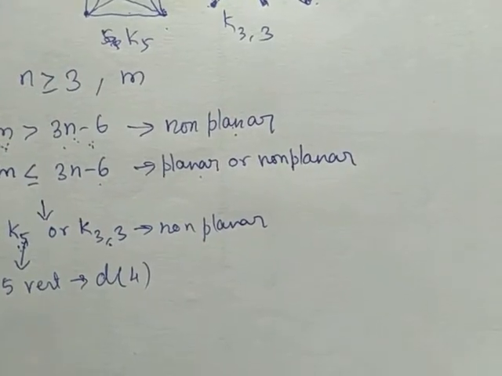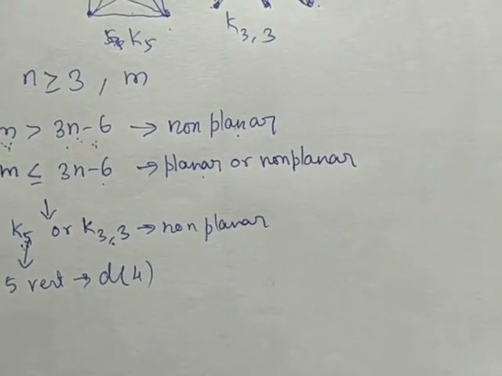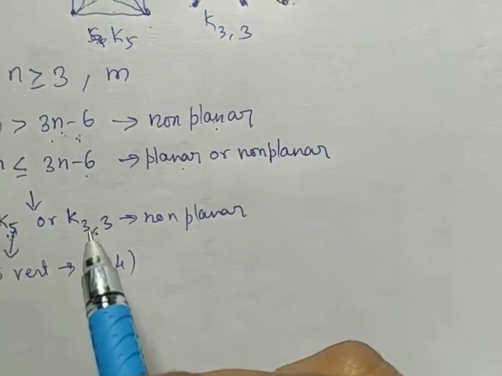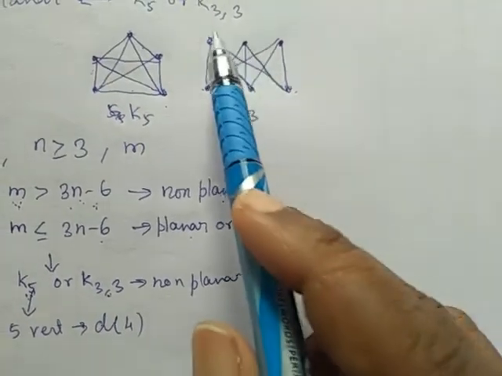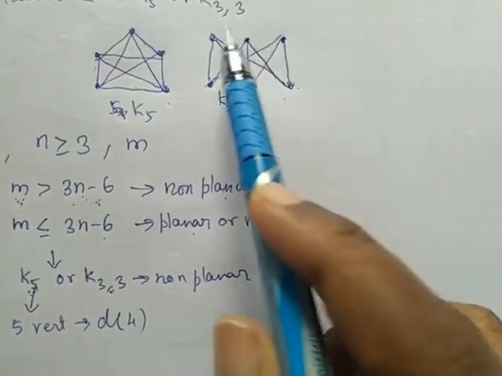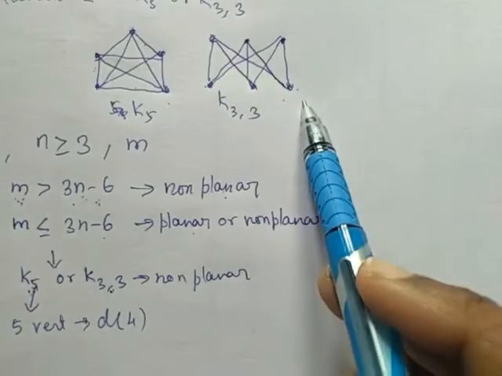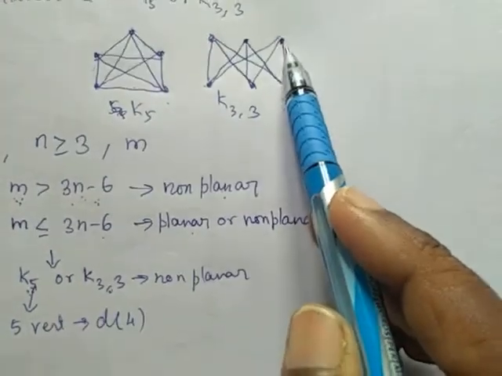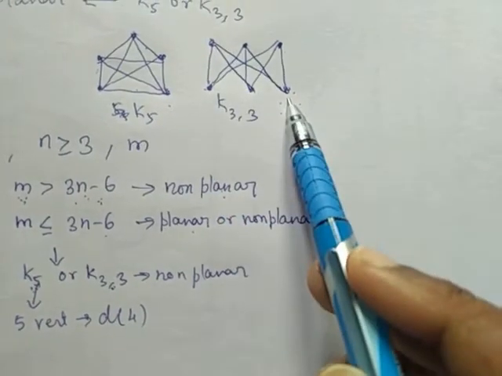To show G contains a subdivision of K3,3, what is K3,3? It has 6 vertices in 2 groups of 3. Each vertex has degree 3 and is connected to the other 3 vertices.